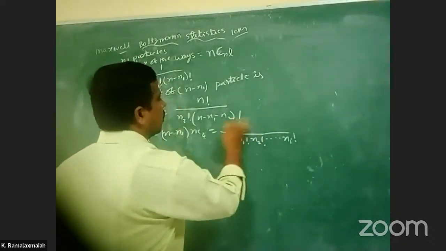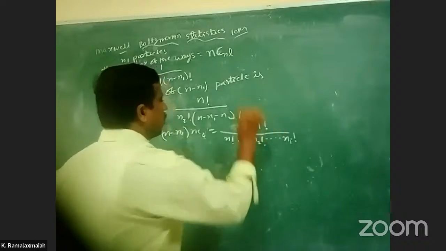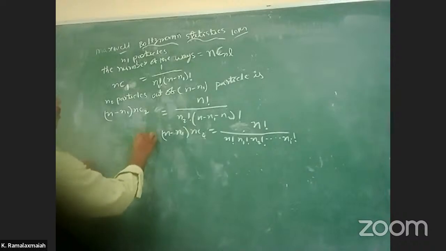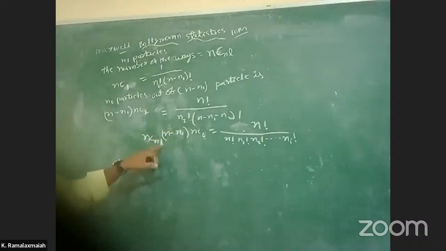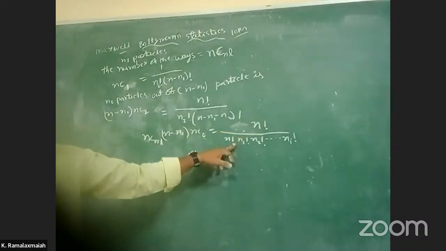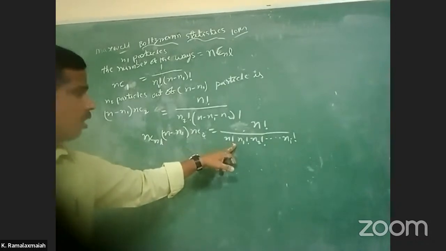That is the total number of particles, Ni. So nCn1 into (n−n1)C n2 is equal to n factorial by, sorry, n1 factorial n2 factorial.